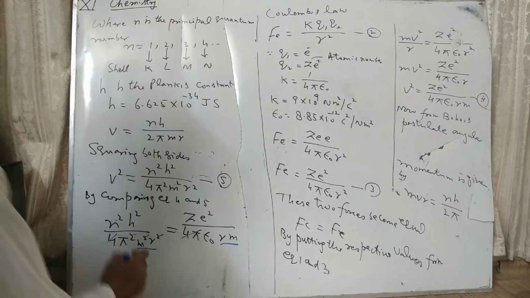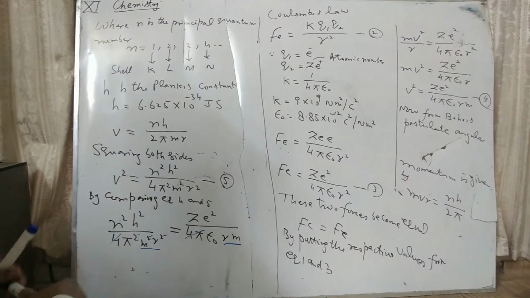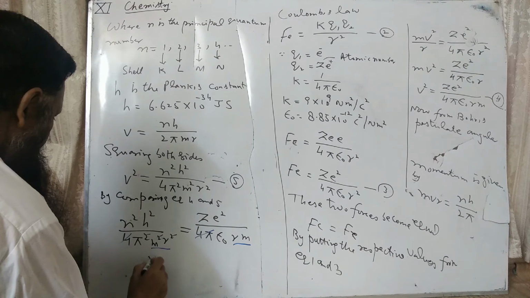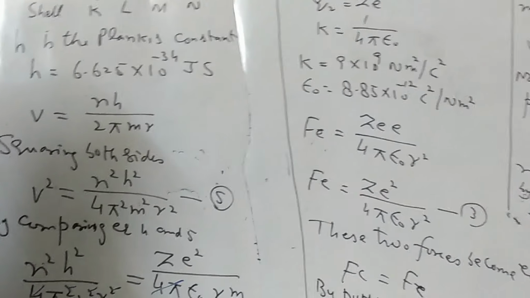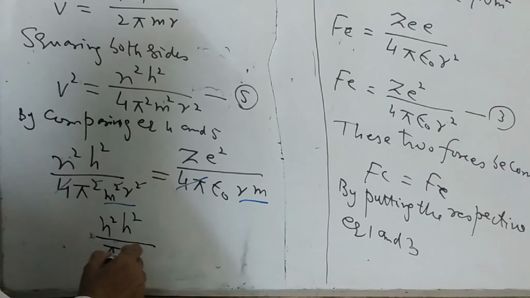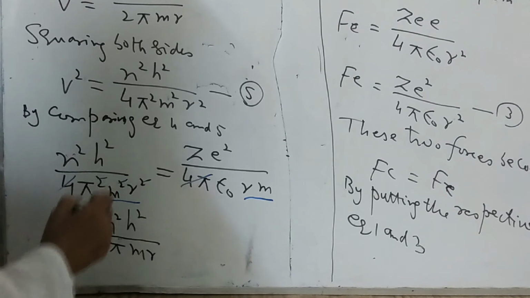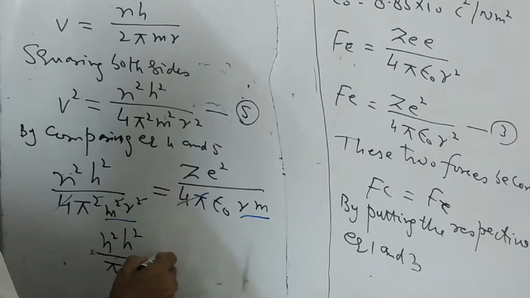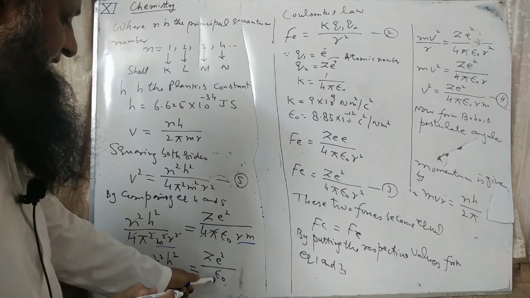Now we will get n square h square divided by pi m r on one side, and z e square divided by epsilon naught on the other. So we have the simplified form z square, where z is the atomic number and epsilon naught is called the permittivity constant of the vacuum.